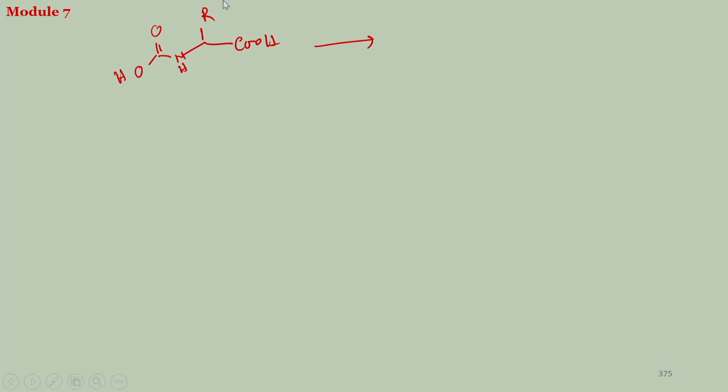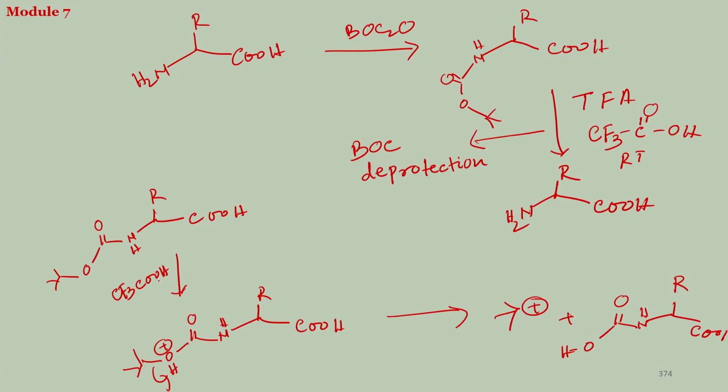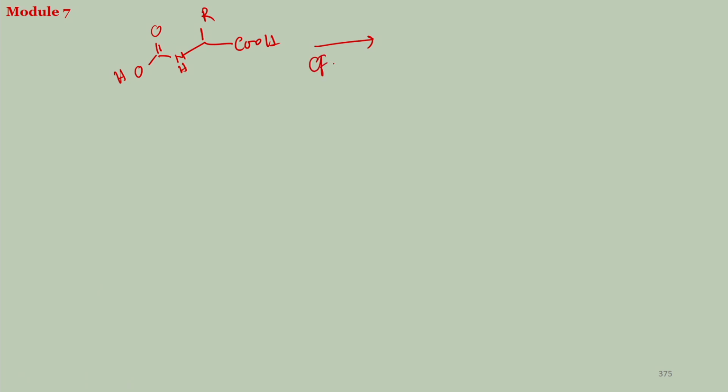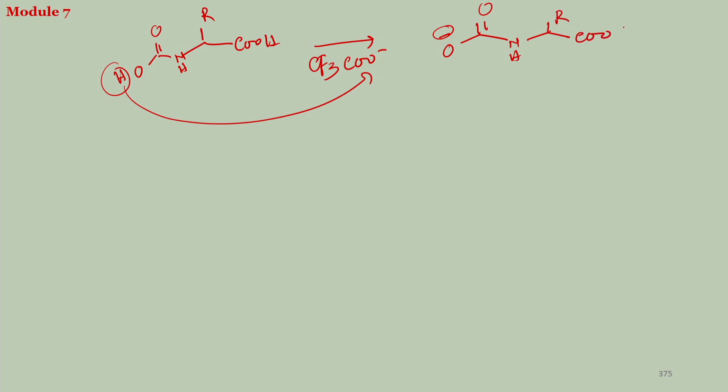Initially, there was one proton transfer from the trifluoroacetic acid to this oxygen. So, this has become an acetate anion, CF3COO minus. Now again a proton transfer will happen from here to there, and it will become an OH, or it can happen instantly. The moment this is formed, this will easily decarboxylate, minus CO2.